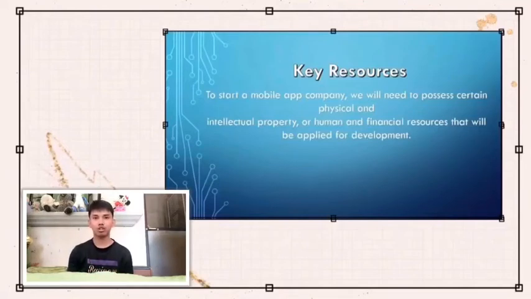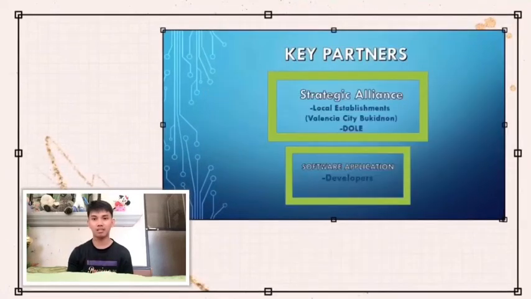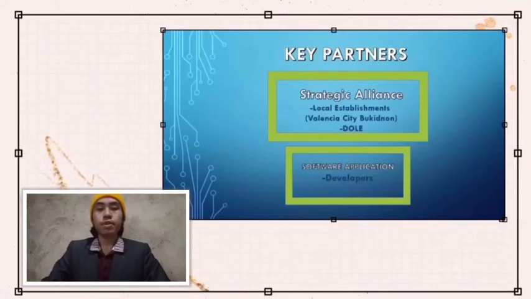The third resource is human resources, which are IT and staff or employees. And then the last is intellectual resources, which are patents, trademarks, patterns, and databases.